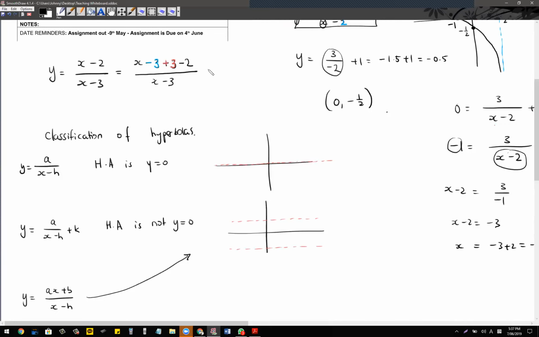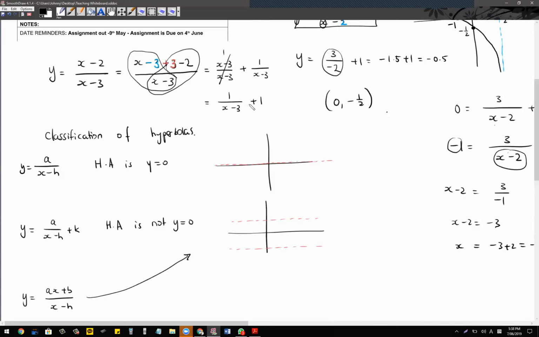And what you can do is separate the fraction into this part and this part. Then you get x minus 3 over x minus 3, and then plus, that's actually plus 1, isn't it? That's 1 over x minus 3. This reduces down to 1 over x minus 3 plus 1.